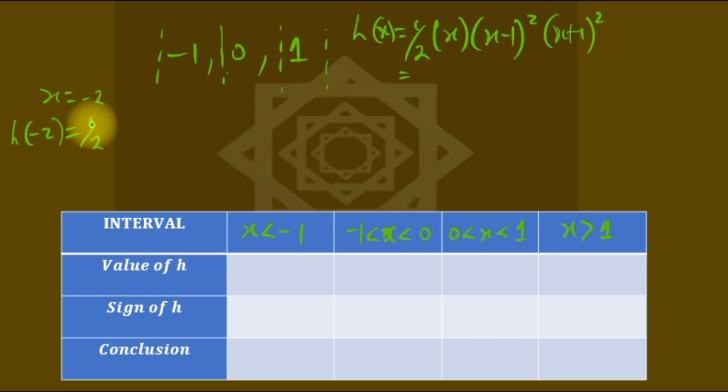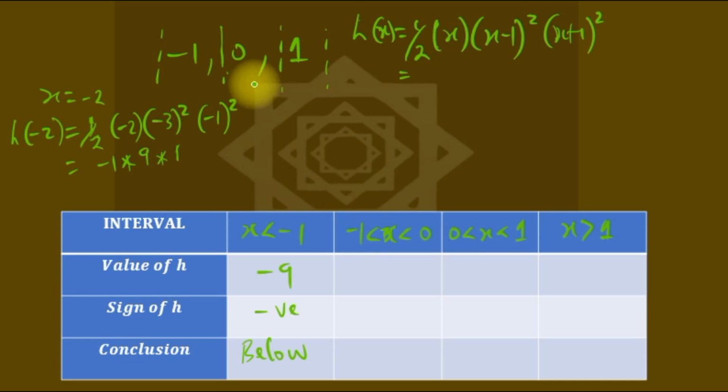This is 1/2 times minus 2 times minus 2 minus 1, which is minus 3, all squared, times minus 2 plus 1, which is minus 1, all squared. So we'll have minus 1 times 9 times 1. So we'll have minus 9. So this is negative, which means that it will be below the x-axis.